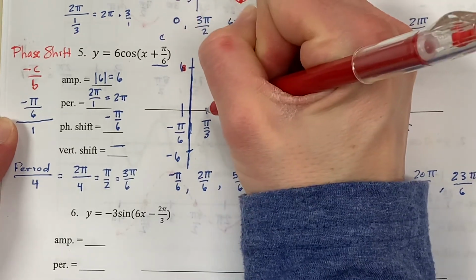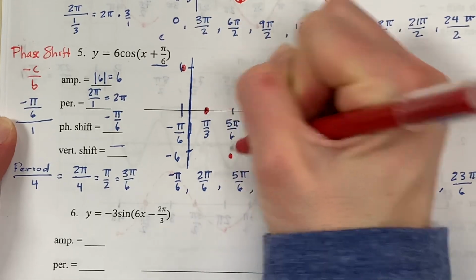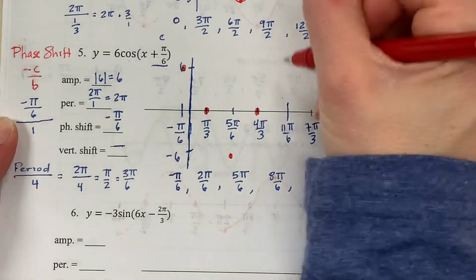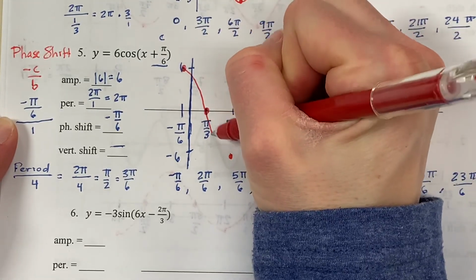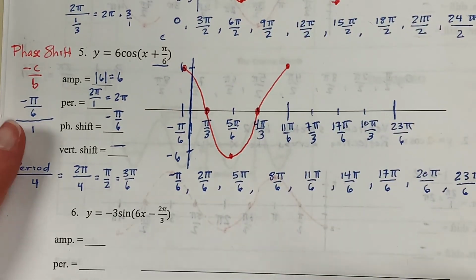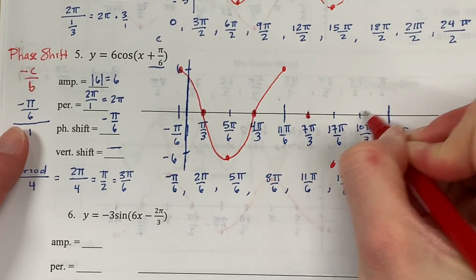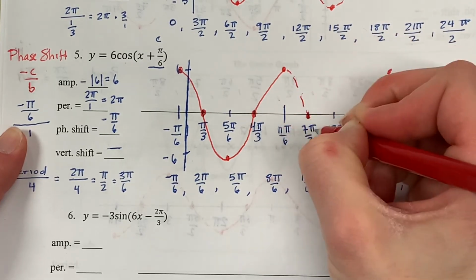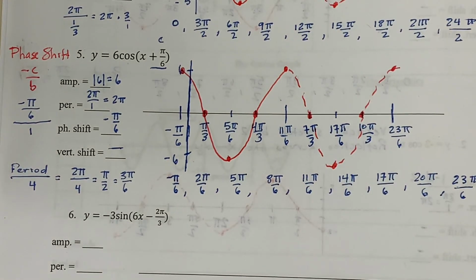My next point is at pi over 3, which is on the axis. 5 pi over 6 is at negative 6. 4 pi over 3 is on the axis. And 11 pi over 6 is at the maximum. This is one cosine curve, one period. For my second period, I'm going to use a dotted line. And I have two periods of this cosine curve.